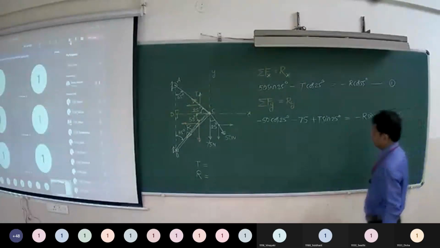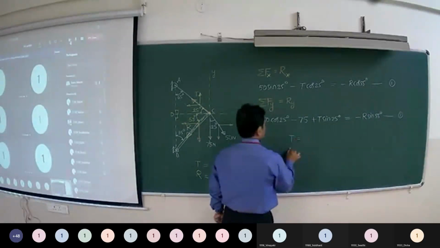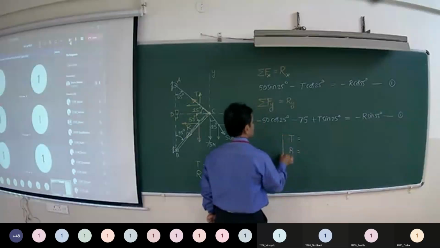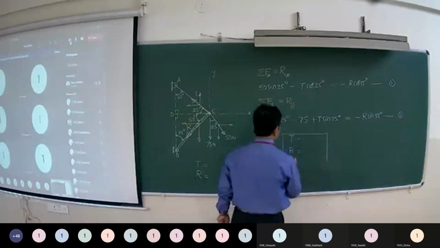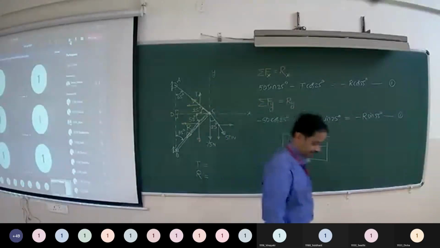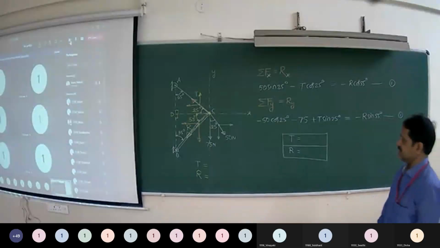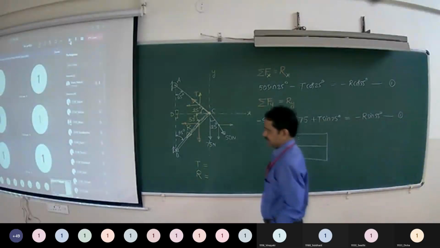Say equation 2. Solving these two simultaneous equations, you can get the values of T and R, tension in the cable and the magnitude of resultant.